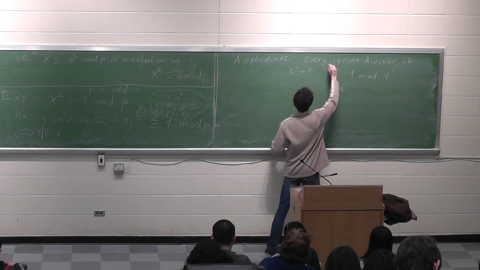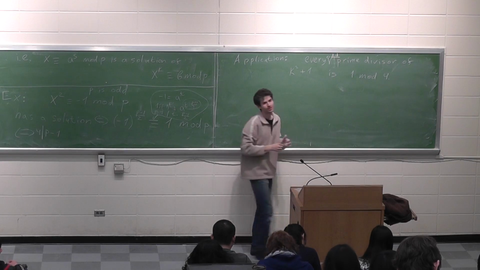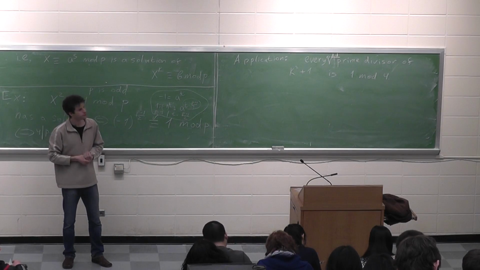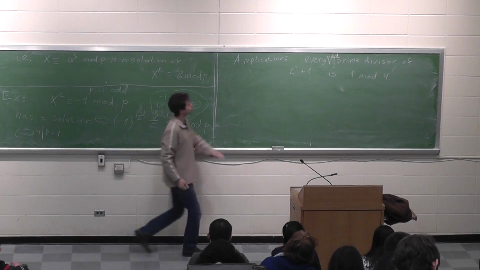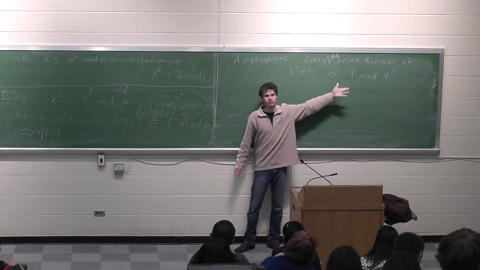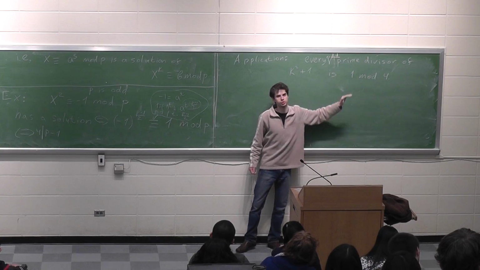So that's the claim. I claim that if I take any number of this form and I take its prime divisor, it must be automatically 1 modulo 4.